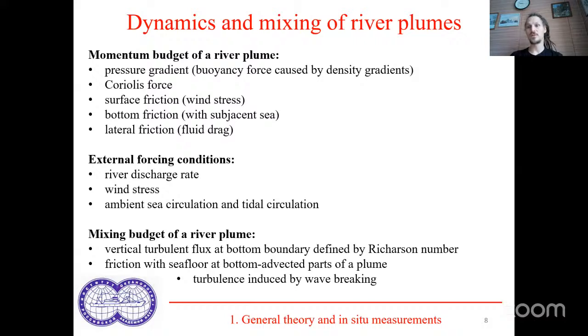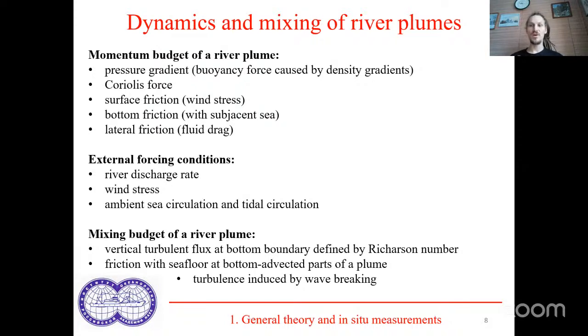And finally, what is also important when you study a river plume, when you make in situ measurements, or when you want to model the river plume, is that the river plume doesn't expand constantly. It mixes with seawater. So there is a certain volume of river water which constantly inflows to the plume from the river, but also a certain volume which is mixed and removed from the plume as a result of mixing between the plume and the seawater.